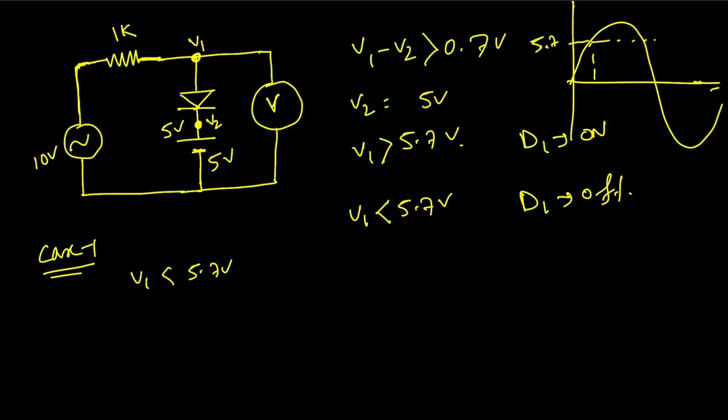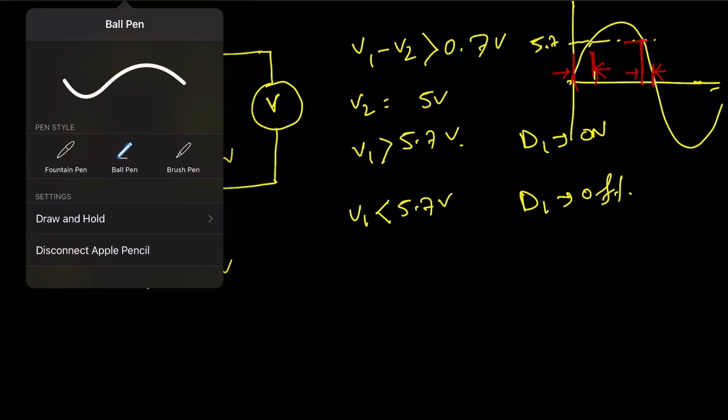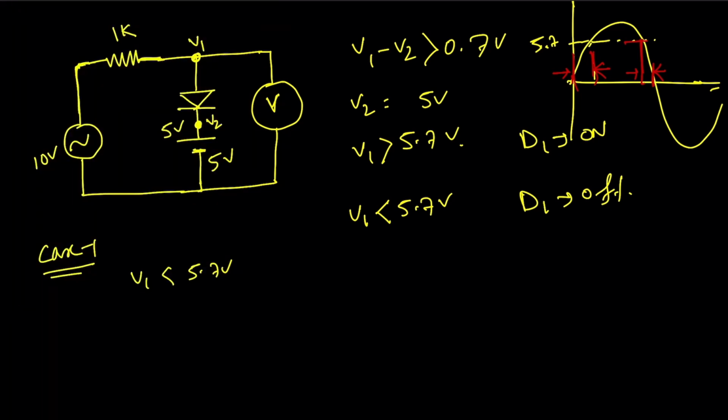Now if V1 is less than 5.7 volt, that means this diode will be turned off.